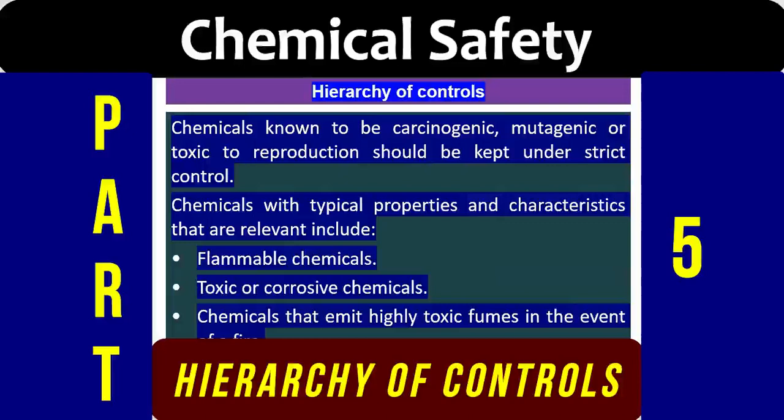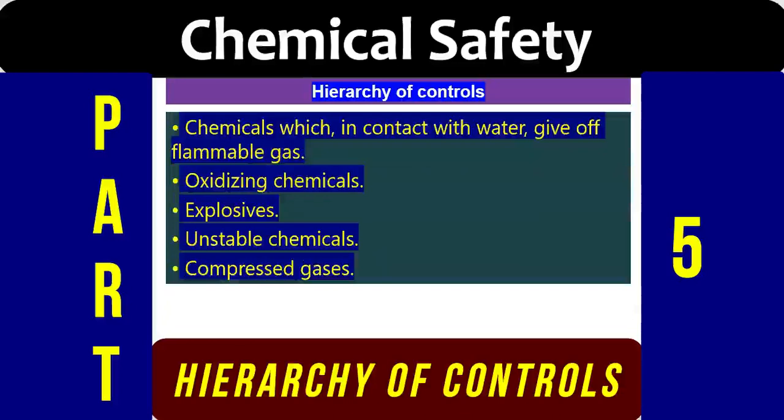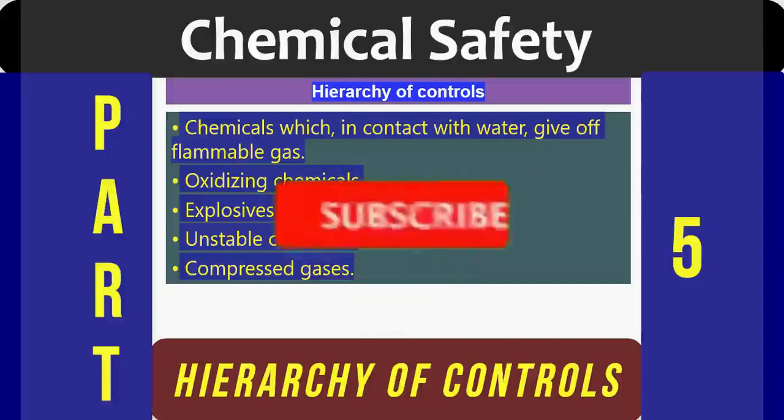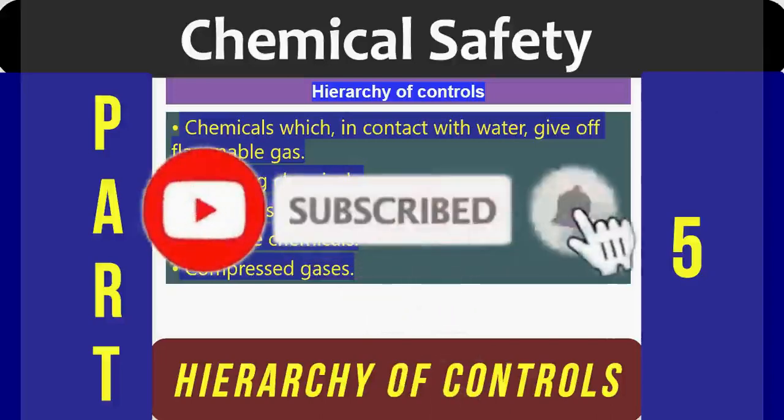Chemicals with typical properties and characteristics that are relevant include flammable chemicals, toxic or corrosive chemicals, chemicals that emit highly toxic fumes in the event of a fire, chemicals which in contact with water give off flammable gas, oxidizing chemicals, explosives, unstable chemicals, and compressed gases.